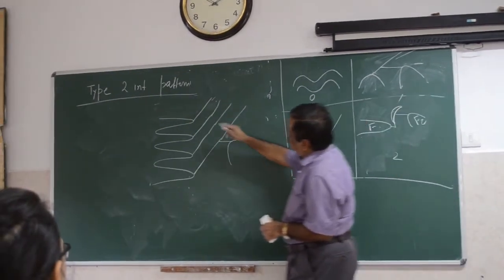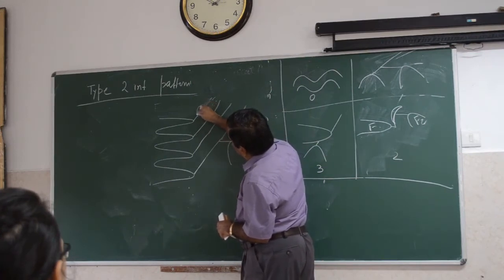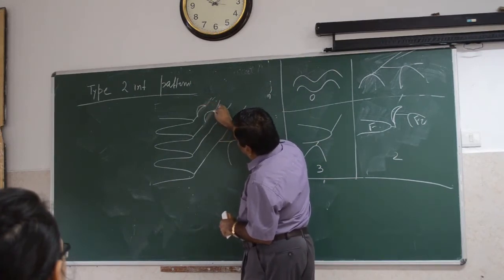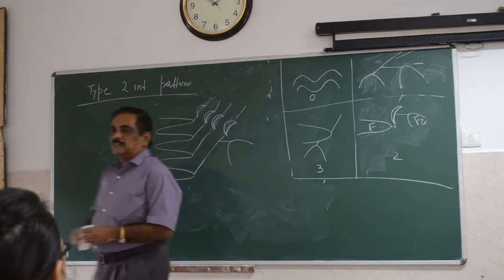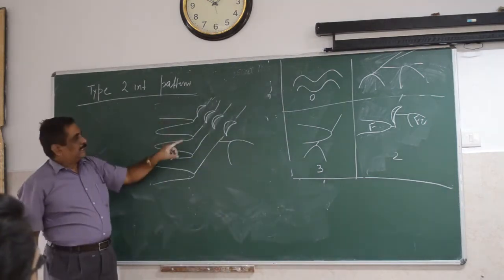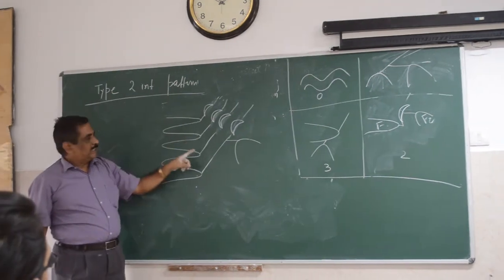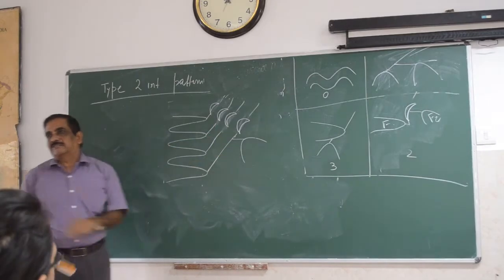So what will happen is a crescent will be produced here, then another crescent here, another crescent here, a stack of crescents will be produced. Now this will be bent to produce a crescent, this will bend to produce another crescent, like a stack of crescents.